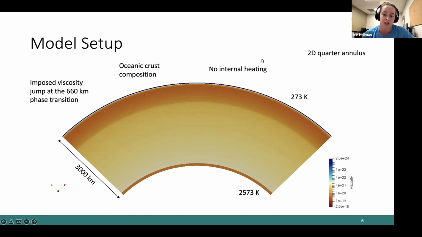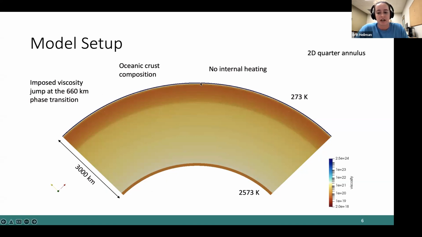We don't have any internal heating in our model because we're trying to look at these mantle plume interactions. And so if you had a model with just internal heating, you wouldn't get any mantle plumes produced. And we know the Earth is somewhere in between these two regimes, so some form of mixed heating, but we just decided to ignore the internal heating component while we're looking at these plume interactions. And so our model is all oceanic crust composition, just to keep it simple.